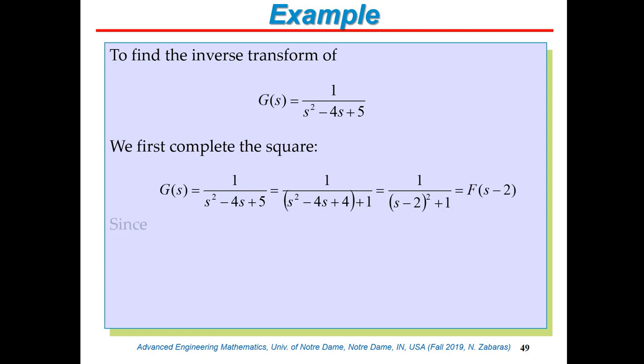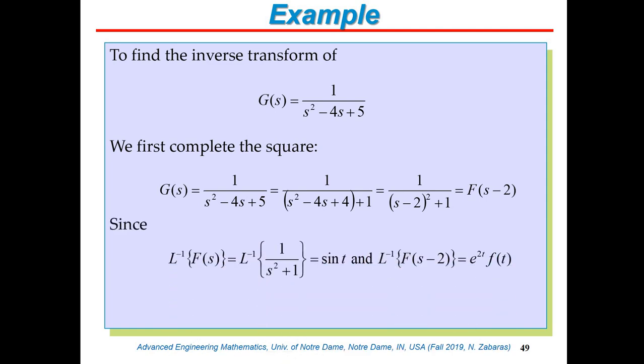So the inverse Laplace transform of this will be e to the 2t times the inverse Laplace transform of 1 over s squared plus 1, which is sine of t. So basically our answer is e to the 2t times sine of t.